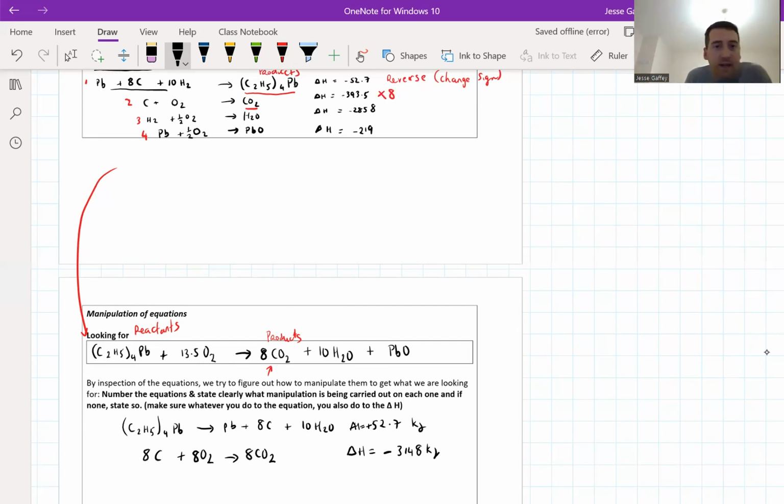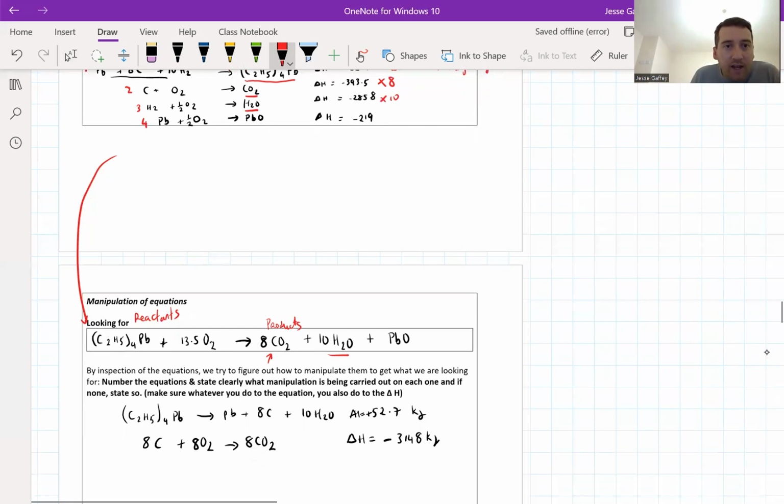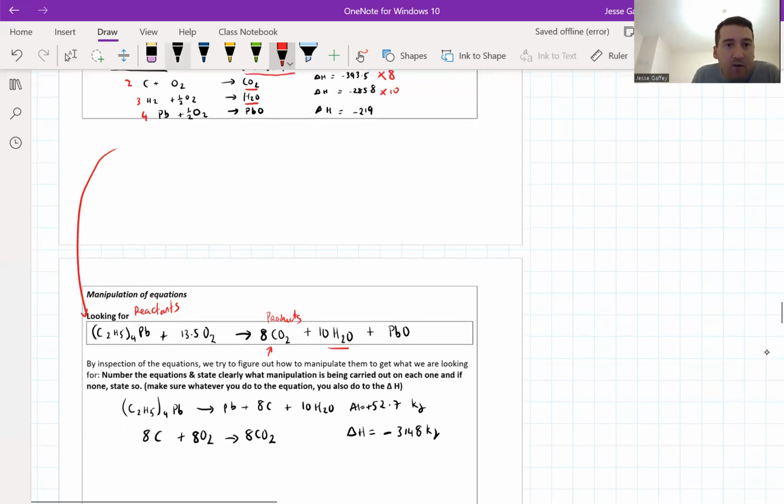All right, on to the next one now. My compound is H2O. Again, I see that I've got H2O in the products there, and I need H2O in the products here. So what do I need to do? I need to times it by 10, as you can see, I've got 10 of them down here. So I've got to take equation number 3 and multiply everything by 10.